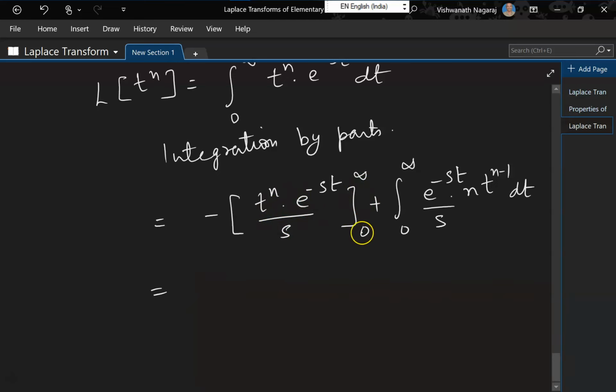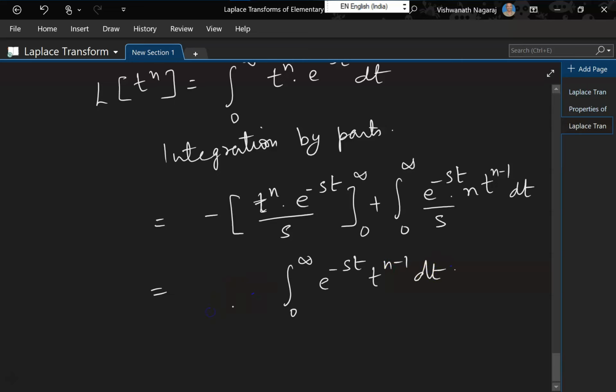So this becomes, see, when we take infinity, e to the power of minus infinity, which means it goes to the denominator. So the denominator goes to infinity, which means this whole thing becomes 0. Now similarly, when we substitute 0, what happens? This t becomes 0, which means the numerator becomes 0, which means overall this is 0 plus the integral from 0 to infinity of e to the power of minus st t to the power of n minus 1 dt.